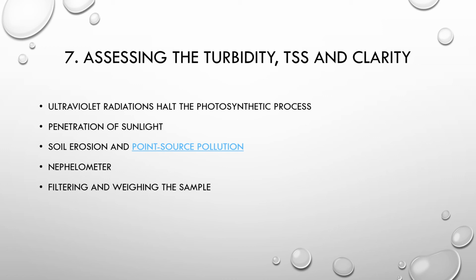A sudden increase of TSS is an indicator of soil erosion and point source pollution, adding heavy metals and effluents into the water. A nephelometer is used to measure the scattered light. TSS can be measured by filtering and weighing the sample and is measured in milligrams of solid per liter of water.